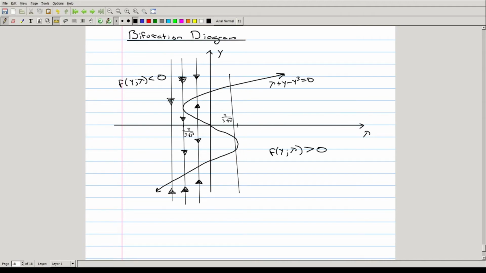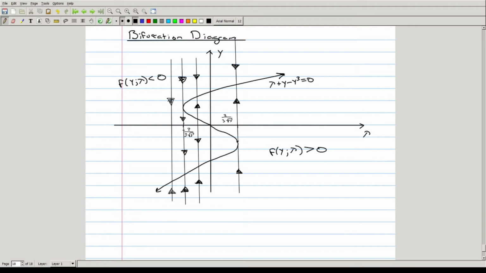you get to lambda equals positive 2 over 3 root 3. Where you have that f is negative here, it's positive here, and it's still positive here.